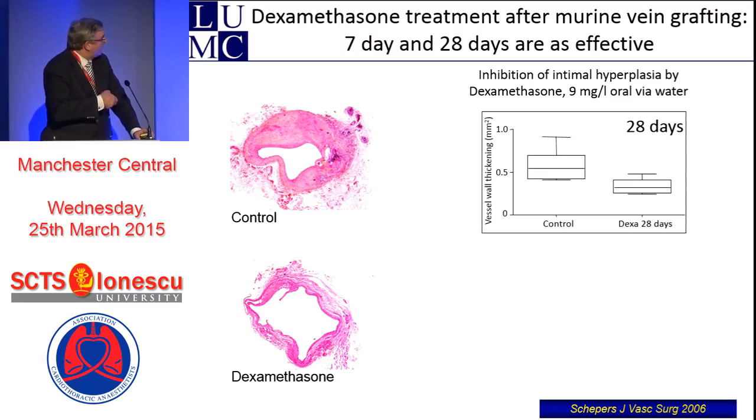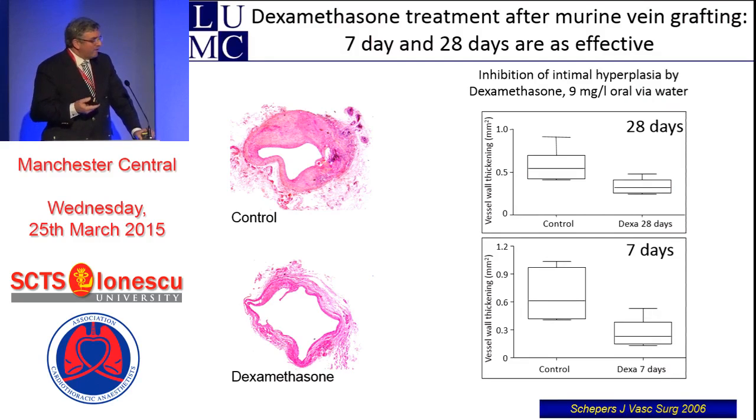You can appreciate that the lesion, as you can see in the controls, is quite reduced after 4 weeks of analysis. But what's striking in this story is that when we looked at 7 days of dexamethasone treatment and sacrifice after 4 weeks, we could observe the same reduction in lesion size as with 4 weeks of treatment.